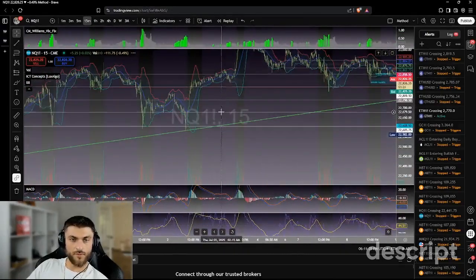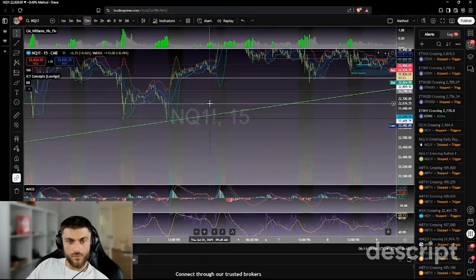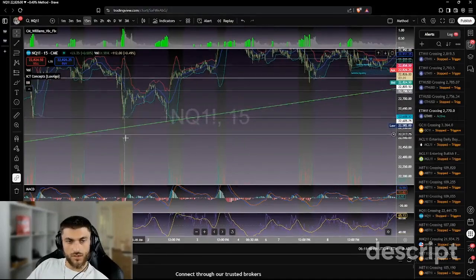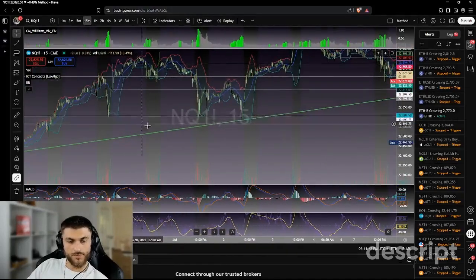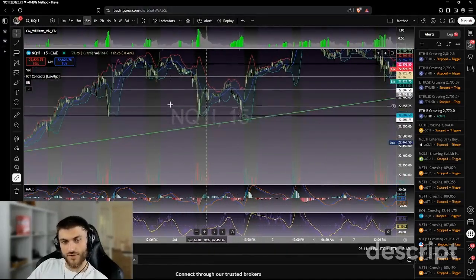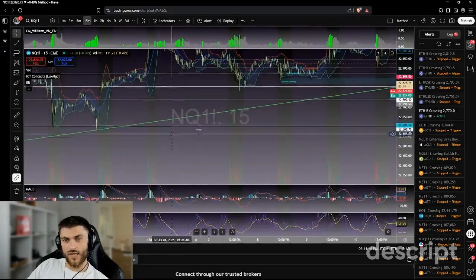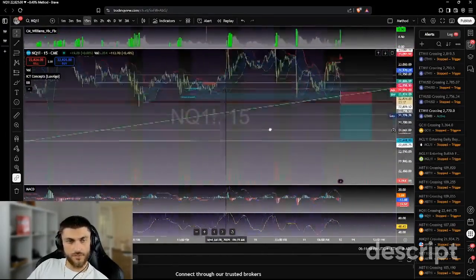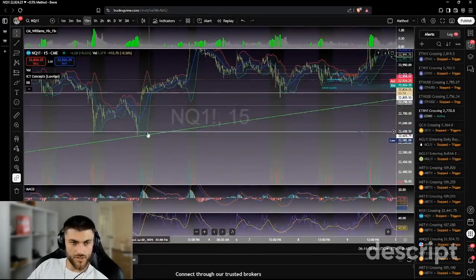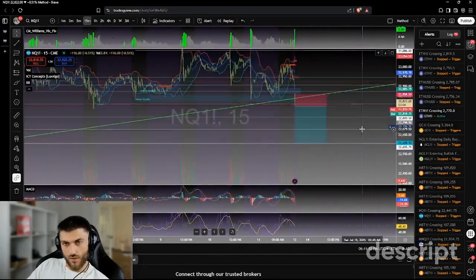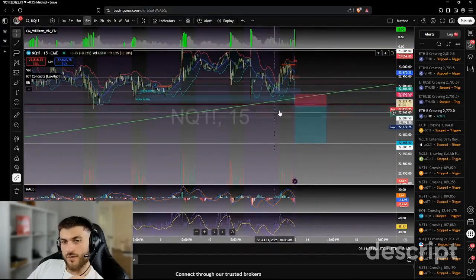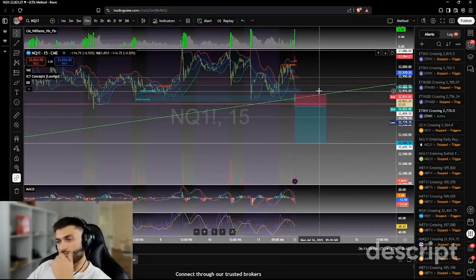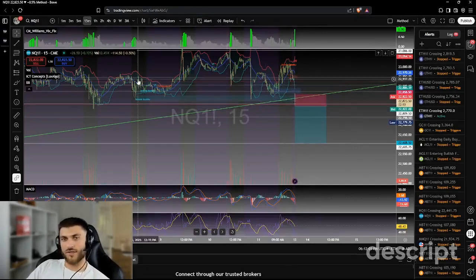Big pool of liquidity is going to be around here. I'm definitely going to target this area because there's definitely stops, large concentrations of orders around there. That is how I go from the top down. Specifically, we're talking about NQ here.